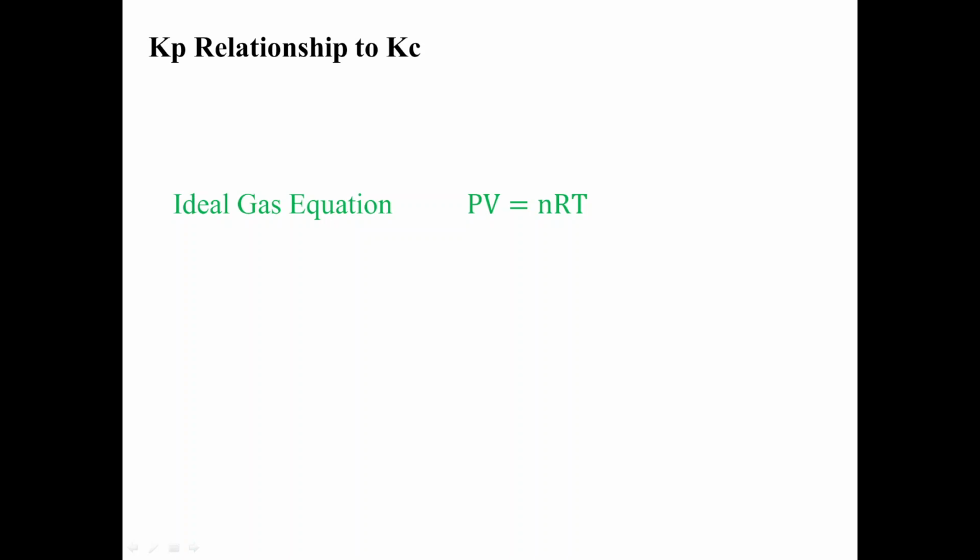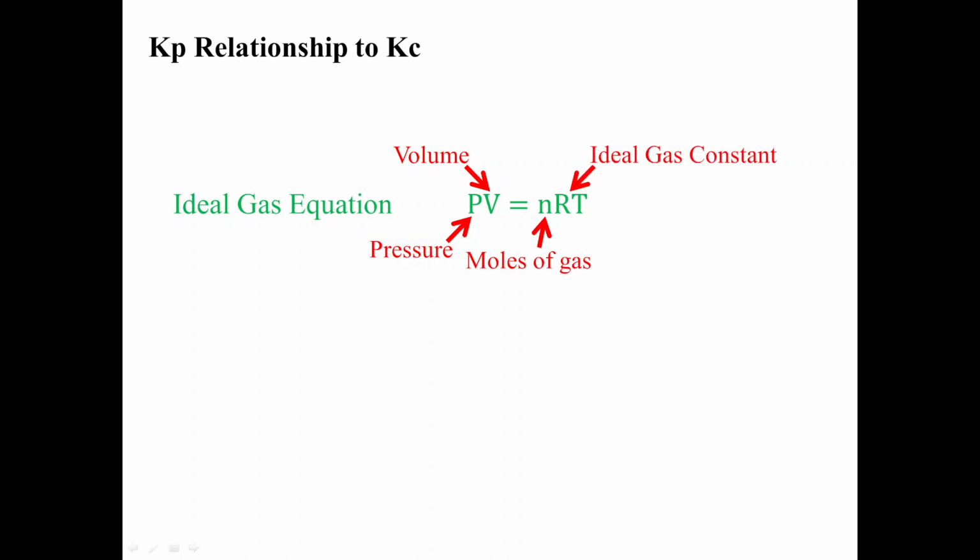So this is where we have pressure of a gas times the volume of a gas is equal to the number of moles of a gas times the ideal gas constant times the temperature. So PV equals nRT. And we can rearrange this a little bit to solve for our moles of gas, or to isolate it. And we'll have n is equal to PV over RT.